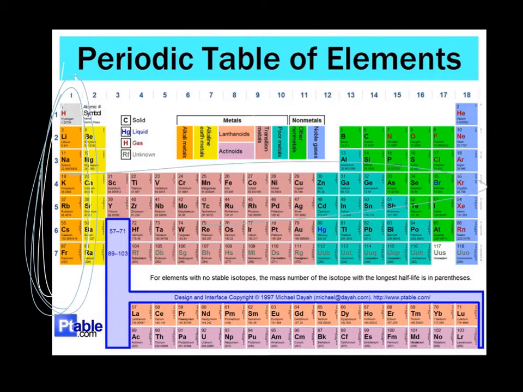We're going to talk about those at a later date, discussing why they're organized in a certain way. However, the one thing you should note is that the periodic table is organized from left to right in numerical order. And we're going to talk about why that is in just a second.